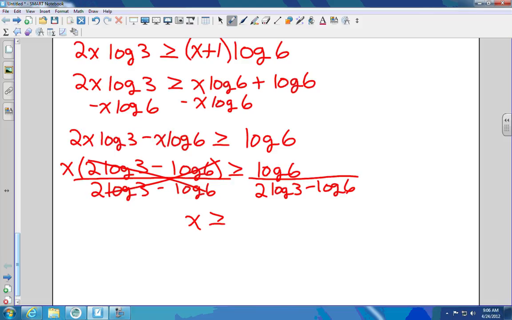So we have x is greater than or equal to, again, careful with your parentheses. We should end up with 4.4190.